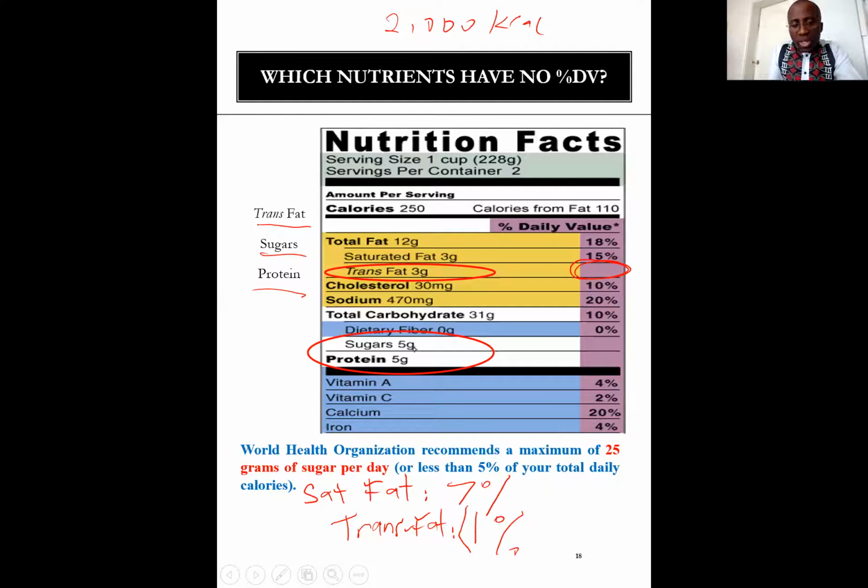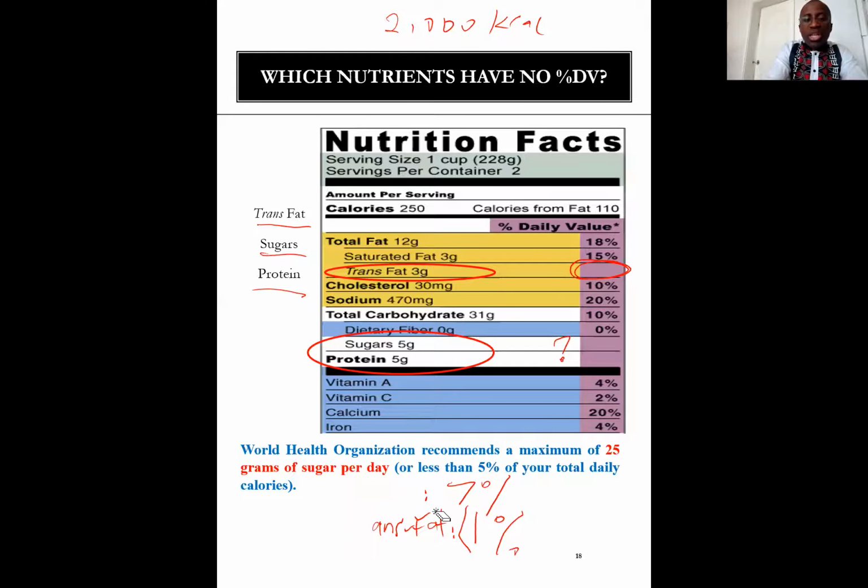We have sugar here, 5 grams, but no percentage daily value. Why? You have to remember that when we say sugar here, we talk about all kinds of sugar, natural sugar and added sugar. So what is the challenge?